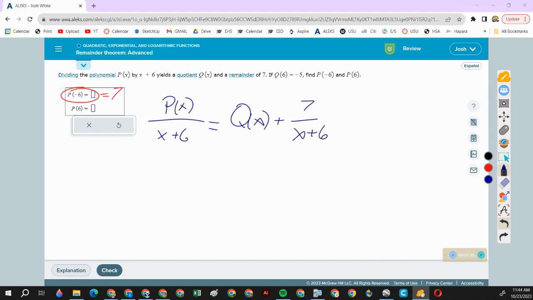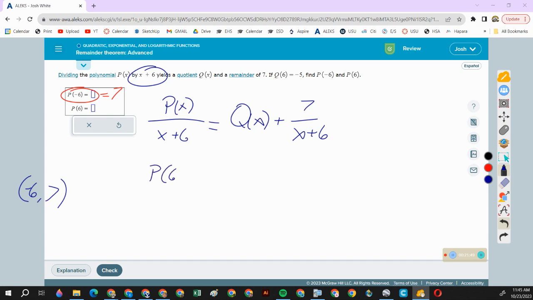That's the remainder. So I know that p of x hits the point negative 6, 7. When x equals negative 6, y equals 7. I also know that x plus 6 is not a factor of p of x because it gave me a remainder. So what happens when we plug in 6?